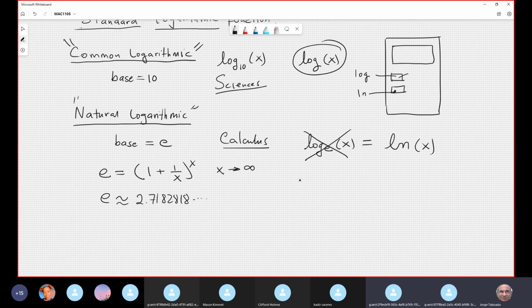In the same keys we have 10 to the x and e to the x, the exponentials associated with them. You select the function for this key using shift: you press shift and then the key to select the exponential. See, shift first. If no shift, directly the logarithm.